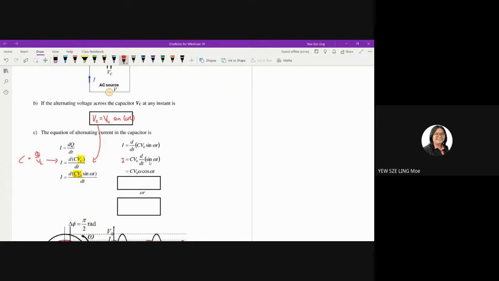If you differentiate this equation, you will obtain I equals CV naught omega cos omega t. We know that this part is actually representing I naught. Therefore, we can write it as I equals I naught cos omega t.